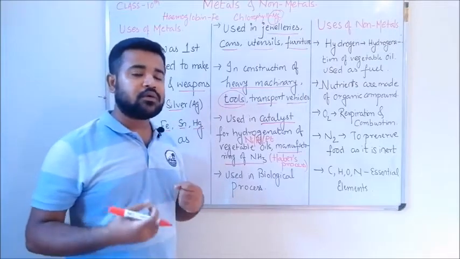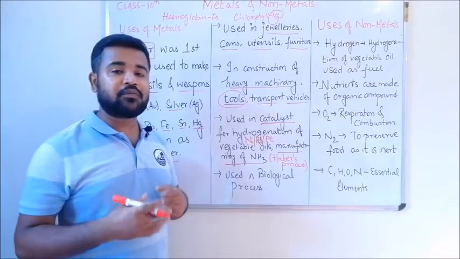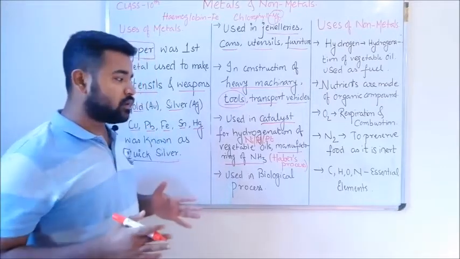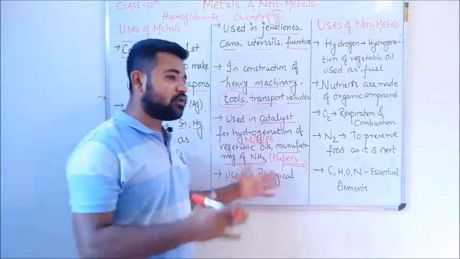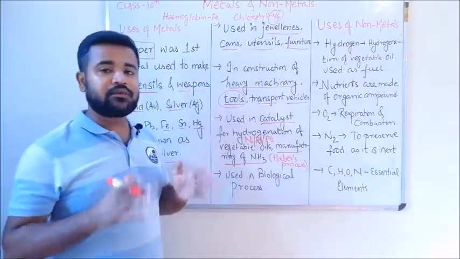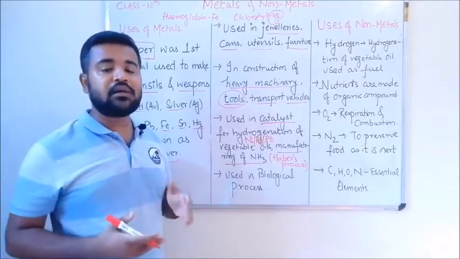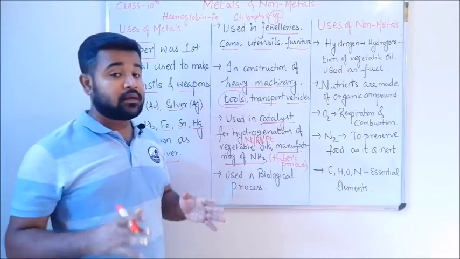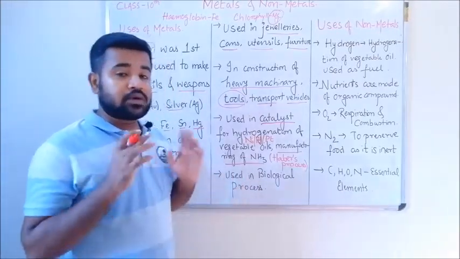Potassium is used as a transport carrier to transport signals. In this way we can see that metals are also useful in our biological processes. If any one of the metals decreases, then we will face some diseases which create problems in our biological processes. So metals are very important in our biological processes too.